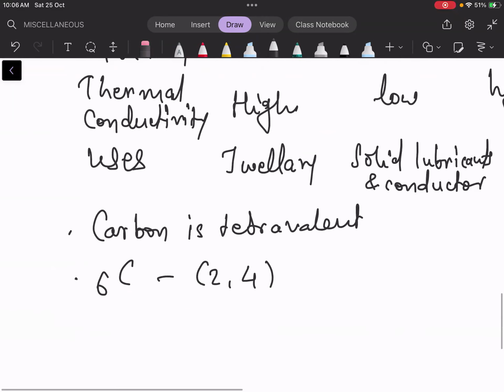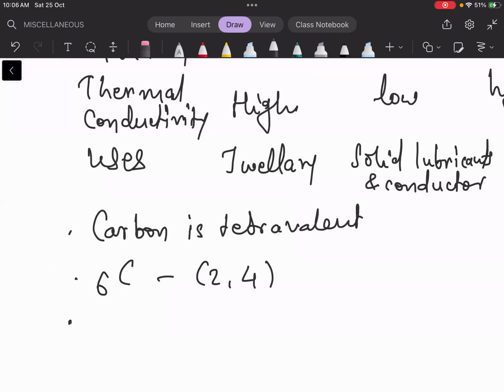It shares its 4 electrons with other atoms to complete the octet, and therefore carbon is tetravalent. Is there any doubt? All of you understood allotropes? Yes, sir. Okay.